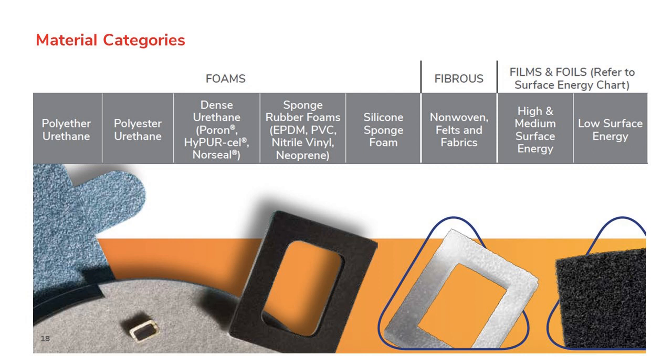So this would be your EPDMs, PVC, nitrovinyl, and neoprene. And again, the key word in this category is foams, okay? We're not talking about dense rubber extrusions. We're talking about rubber sponge foams, like a crushed EPDM that has a cellular foam-like property to it. Then the last foam category we have on here is silicone sponge foam.